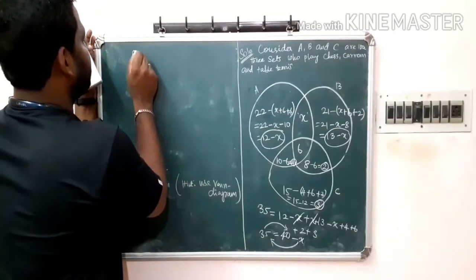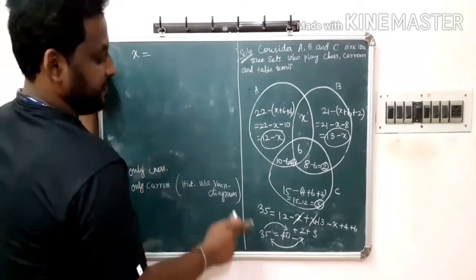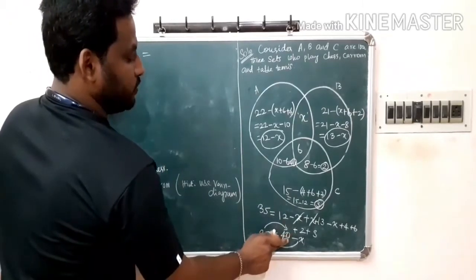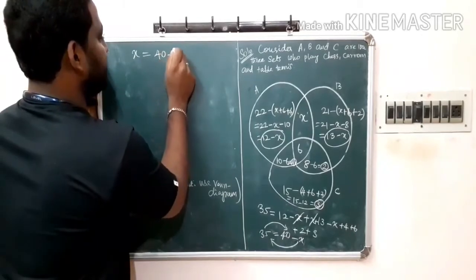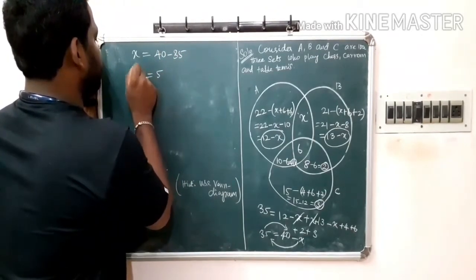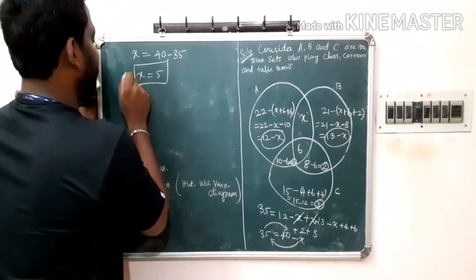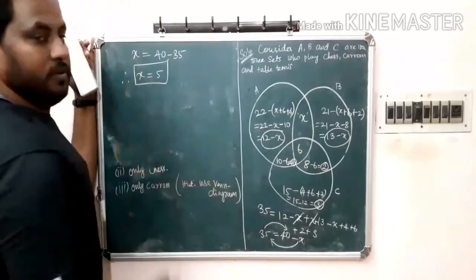Therefore, x is equal to 40 minus 35, which is 5. So x is equal to 5.